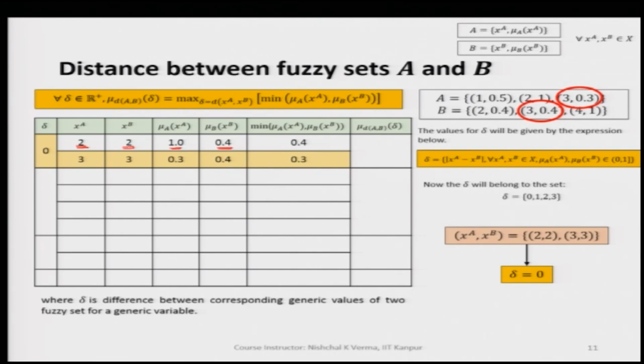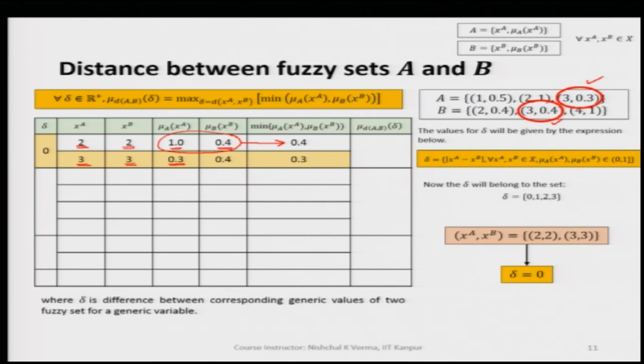Now, what next? Let us find the minimum of these two membership values: the minimum of 1.0 and 0.4 is 0.4. Next, for the second pair, 3, we have corresponding membership values 0.3 and 0.4, as encircled here.